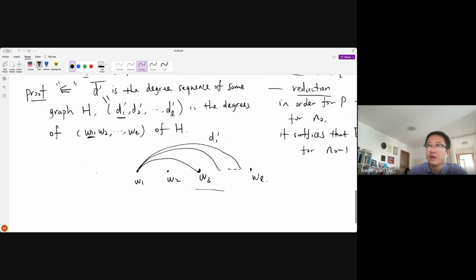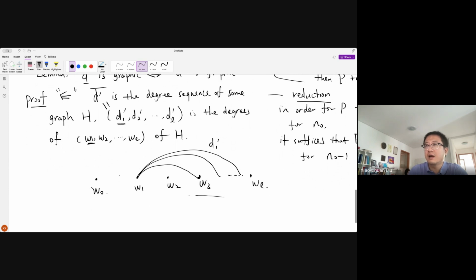So now what do we do? We add a vertex W0, right? Let's choose, for example, D vertices, the first D vertices. So here we have W1 until, say, W3. Let's say D equals 3.